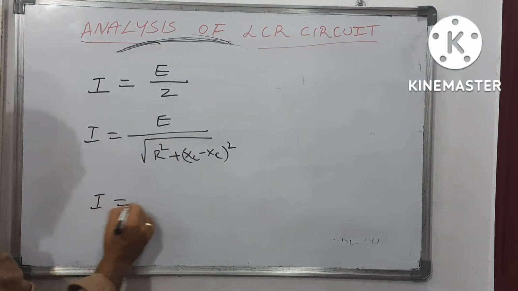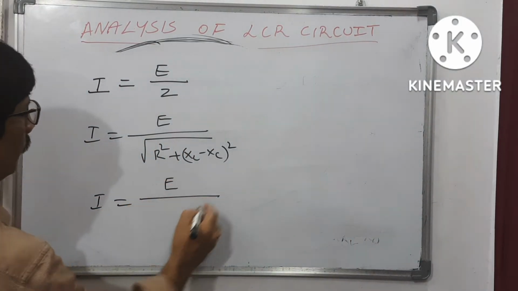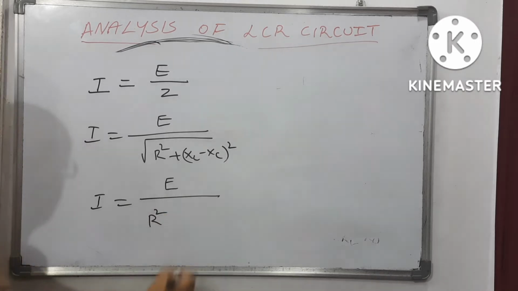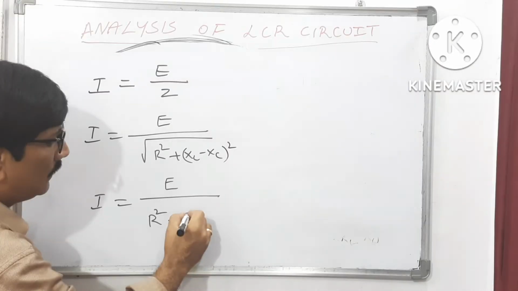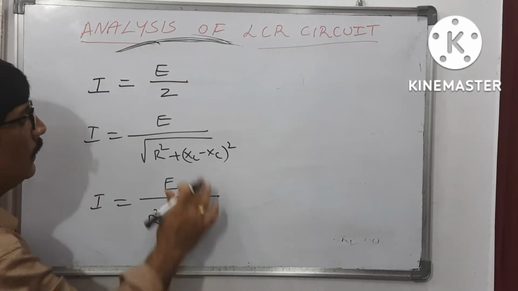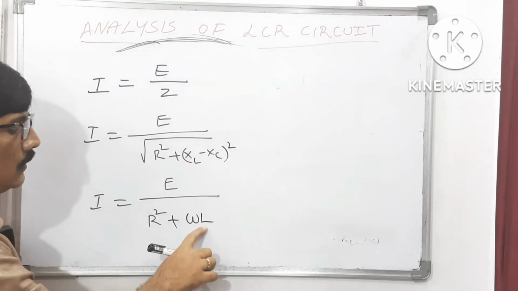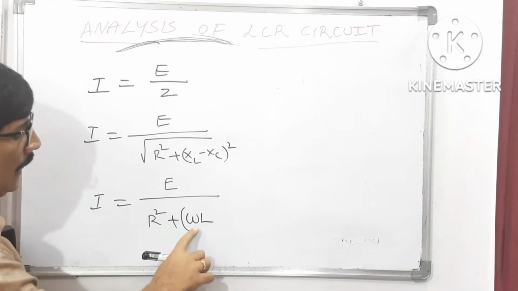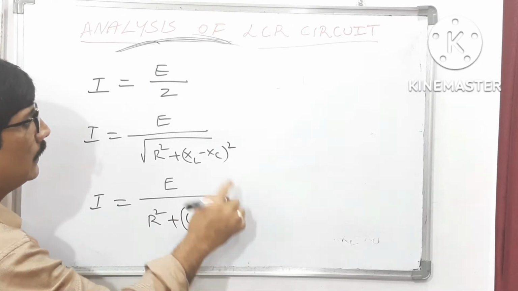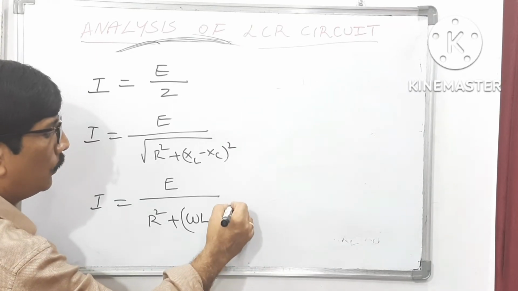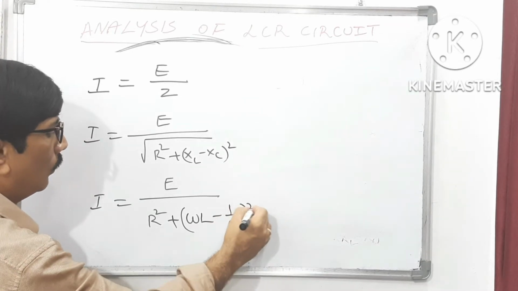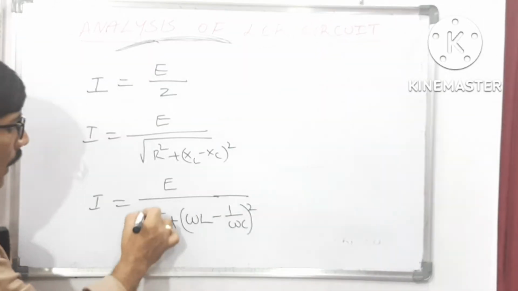Therefore, you can write this equation in another way also. E divided by square root of R square as it is, but XL is inductive reactance, which is equal to omega L. This L is subscript, but this L is not subscript. XC is nothing but 1 by omega C, already discussed in the pure capacitive circuit, whole square.